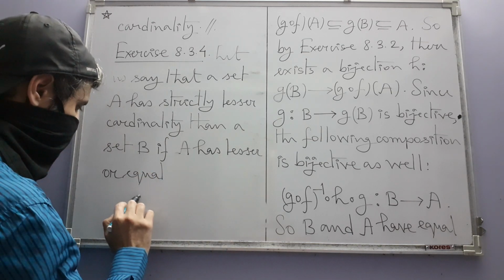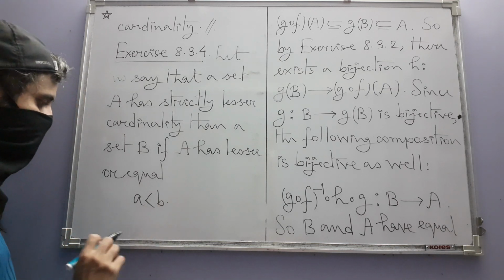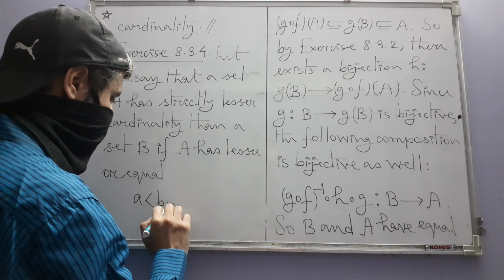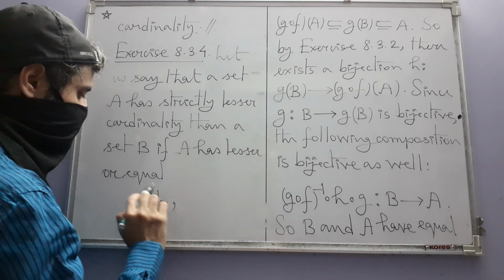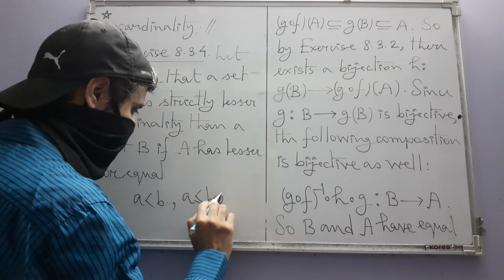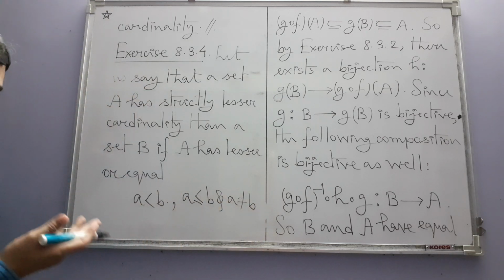When we define A less than B, where A and B are ordinary real numbers, how do we do it actually? We say that this is so when A is less than or equal to B and A is not equal to B. So that's what we are going to do here.